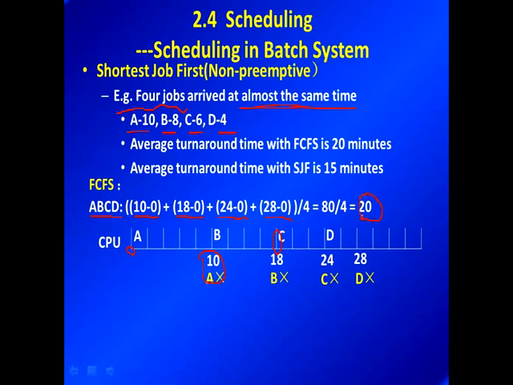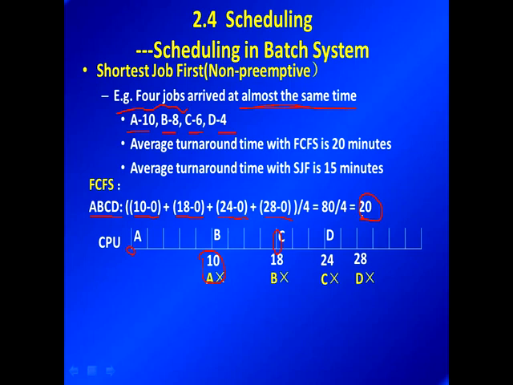So here is the way we apply a specific algorithm to a given scheduling problem. In the quiz and the assignments, you need to do similar things based on the slides.